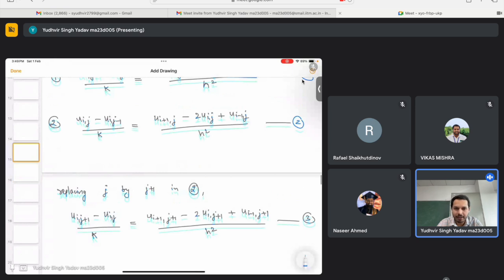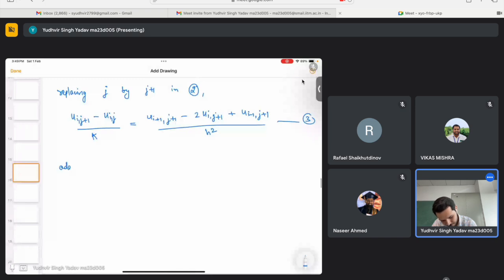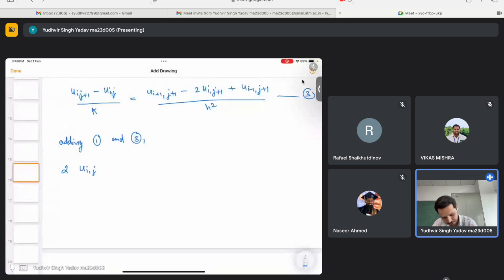Now we will take an average of equation 1 and equation 3. That is, we will add up equation 1 and equation 3. So adding 1 and 3, we will get, on the left hand side, twice of u i j plus 1 minus u i j divided by k, and adding the terms on the right hand side.